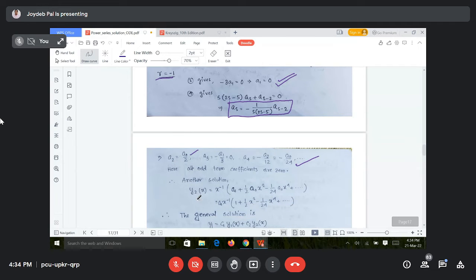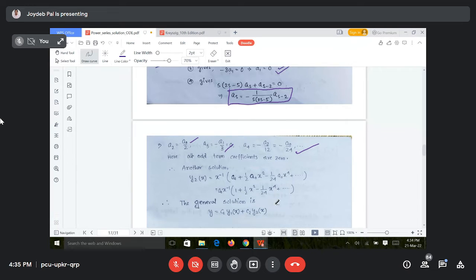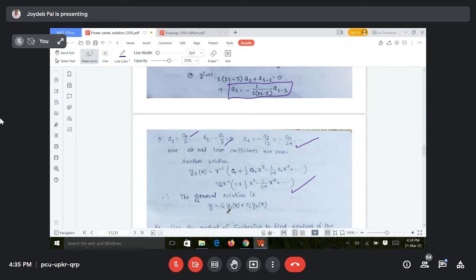And ultimately the solution y2 is equal to x to the power r, so x to the power -1, a0 remains, plus a1x does not remain, it becomes 0 because a1 is 0, a2x squared, so a2 means a0 by 2 x squared, a3 becomes 0, a4 x to the power 4 remains, so it is this up to a4. See, here finding the second solution is easy, because the roots are not differing by an integer.